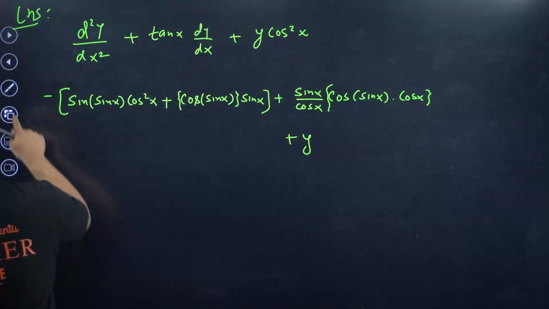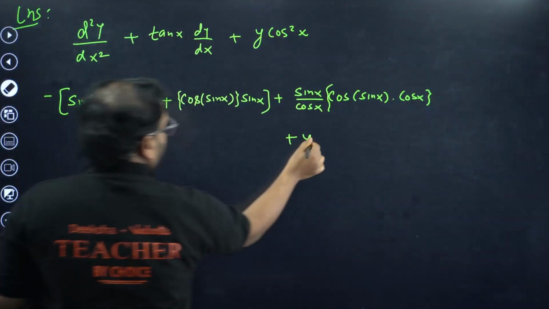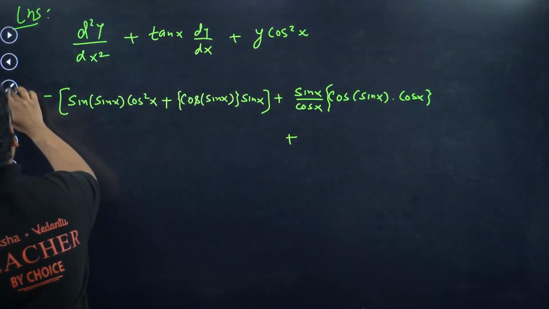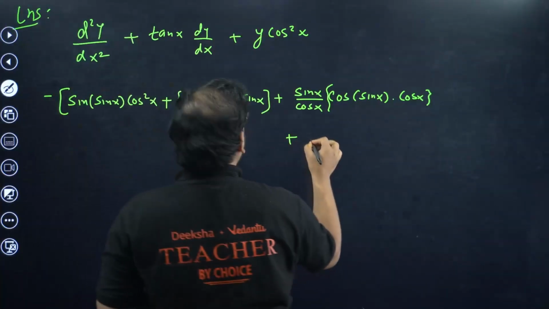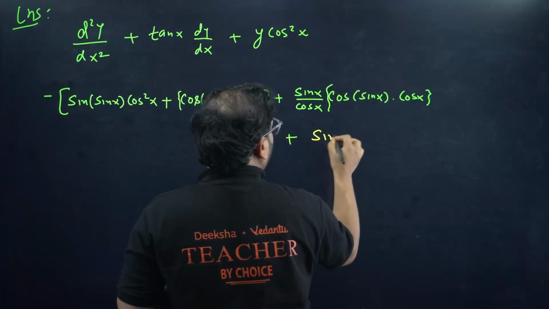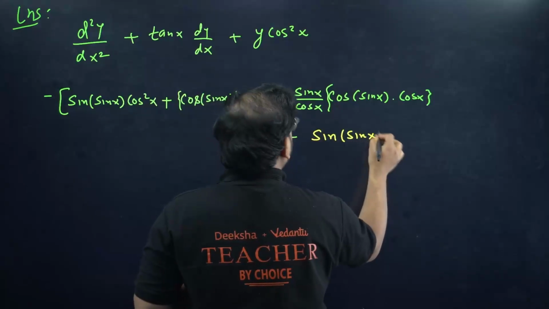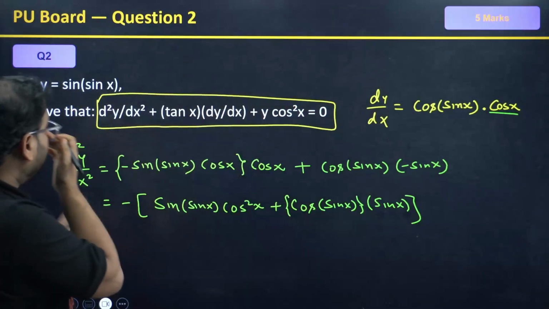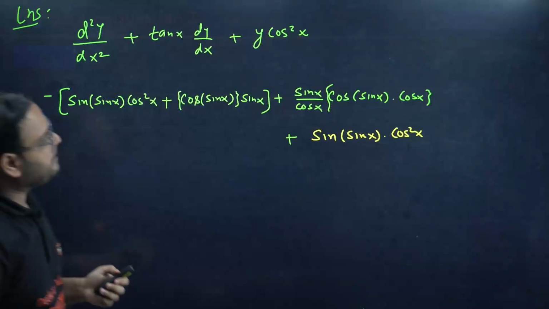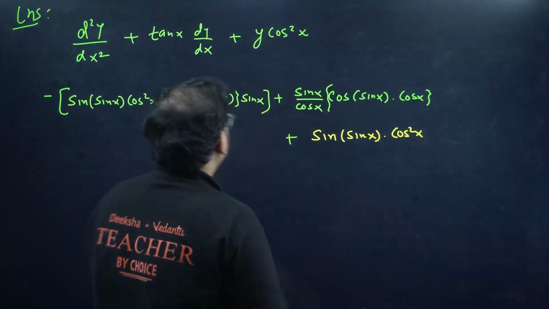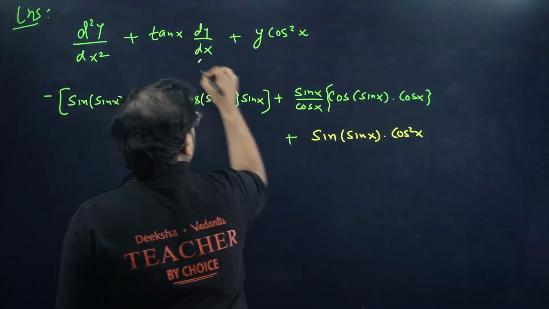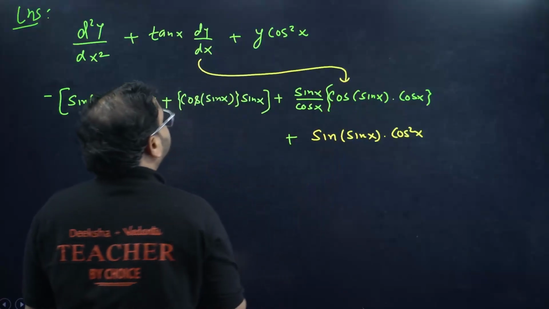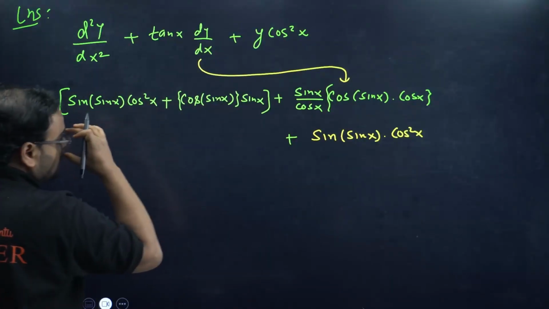So y will be sine of sin x into cos square x. Am I right? This is for dy by dx, by the way. Just cross check.